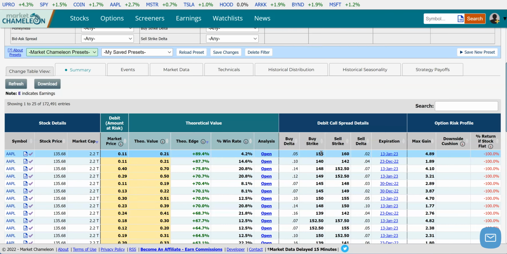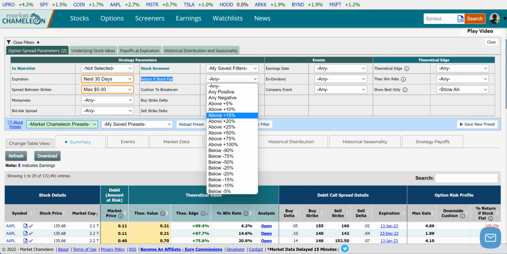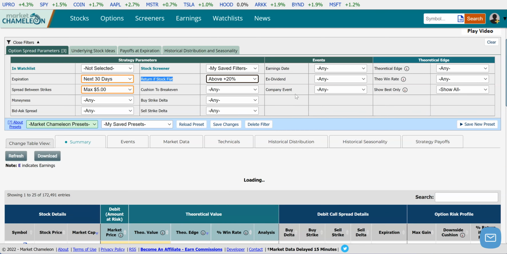Now I'm going to use this filter here, a minimum return if the stock is flat. Let's say we want to earn at least 20% return on the money we have at risk if the stock just sits there or goes higher.